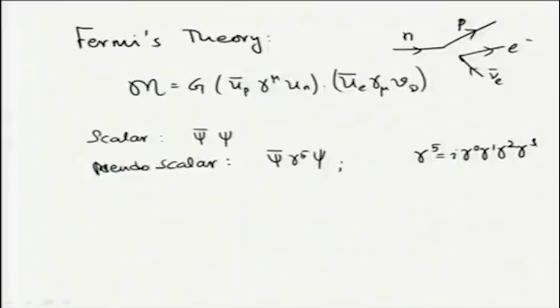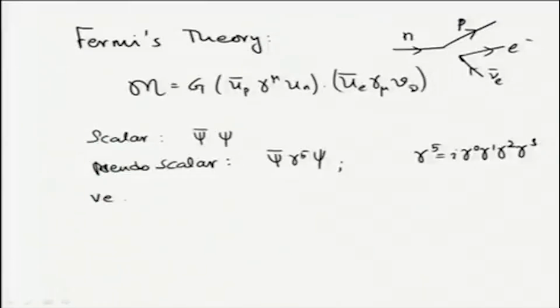We will not go into the detailed properties of this gamma 5 etc. We will not also go into the transformation property of this object under Lorentz transformation. We will just take it for granted that gamma 5 when put between psi bar and psi, the whole object transforms like a pseudo scalar.